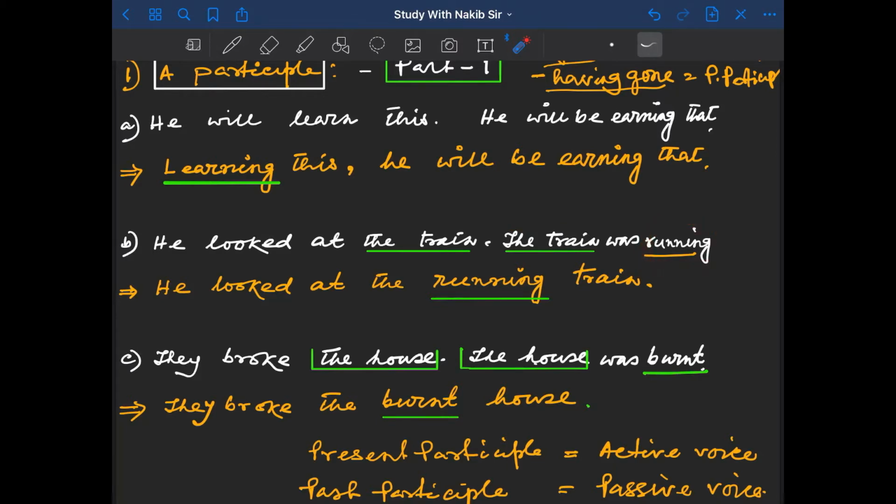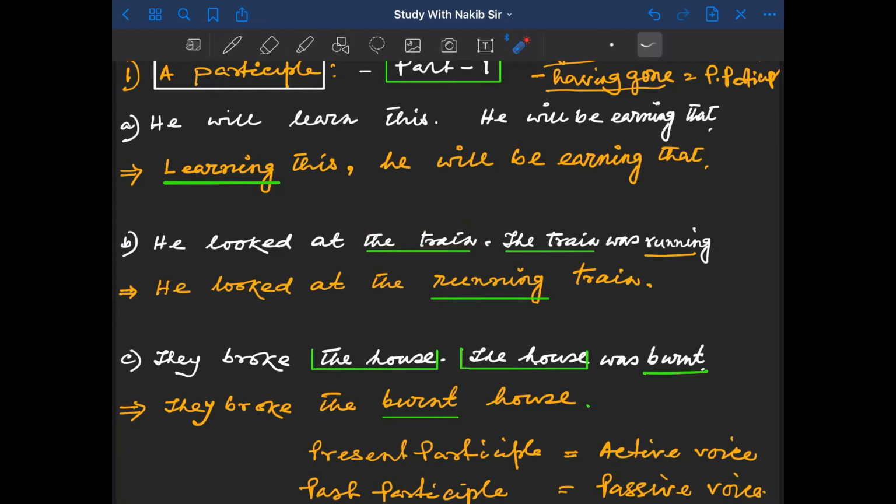And running, you know, is a present participle, run plus ing, present participle. And a participle is an adjective. So take running only and keep this. The train was will be out. Noun, the function of these three words is over, and take this running, it is an adjective, use it just in front of the noun train, and you will get your combined sentence.